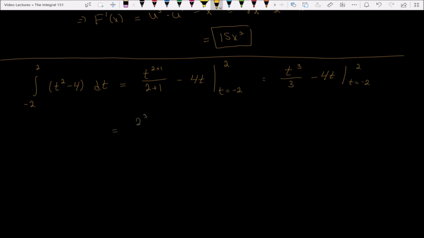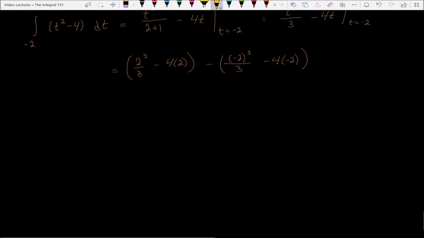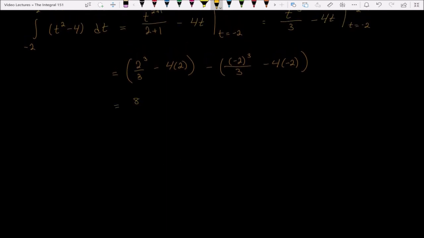We'll get 2 cubed over 3 minus 4 times 2. That is the evaluation at t equals 2. Then we have to subtract from this negative 2 cubed over 3 minus 4 times negative 2, the evaluation when t is negative 2. Look what we get then. 8 thirds minus 8.